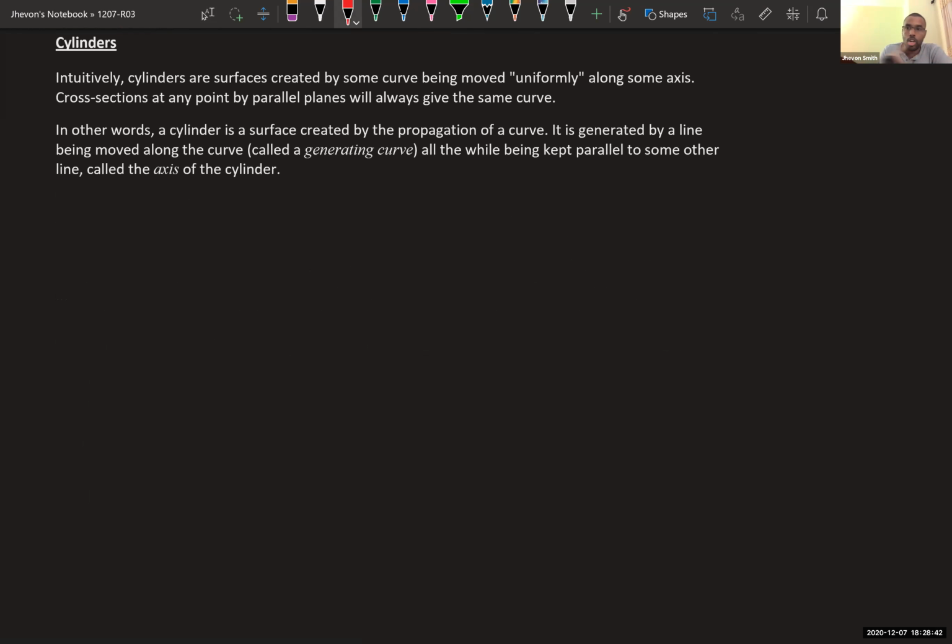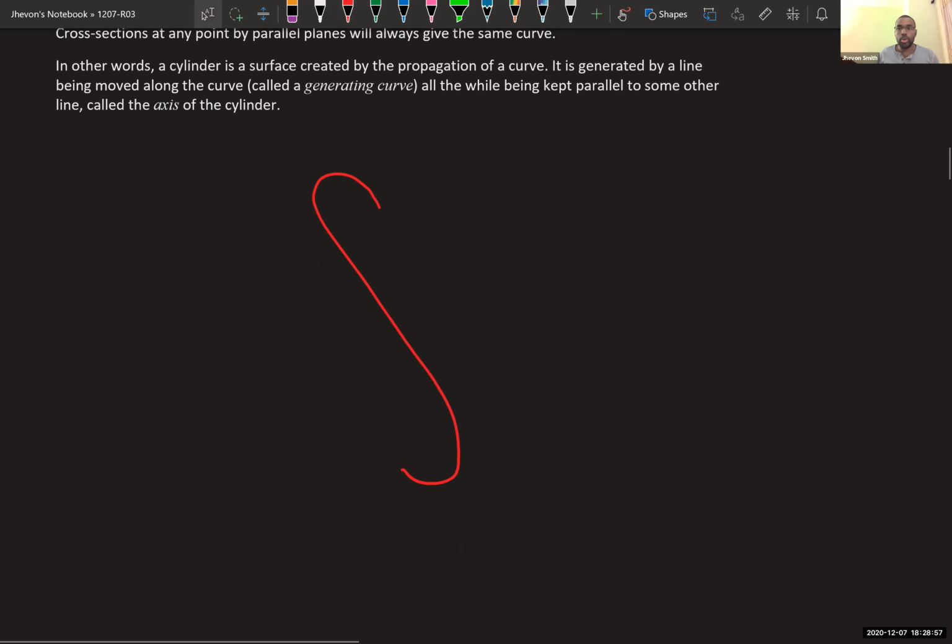I can have any one curve, a generating curve. So for example, I can have a curve that looks like an integral sign. And what I'm going to do is I'm literally going to move this curve along some axis and trace out the surface it creates in space.